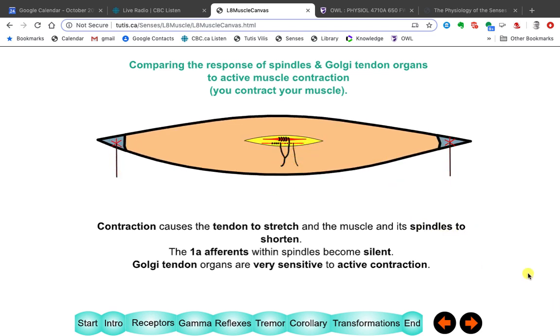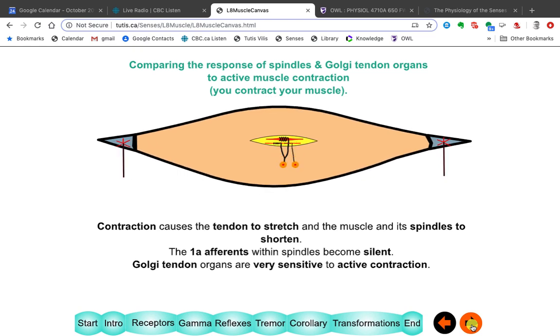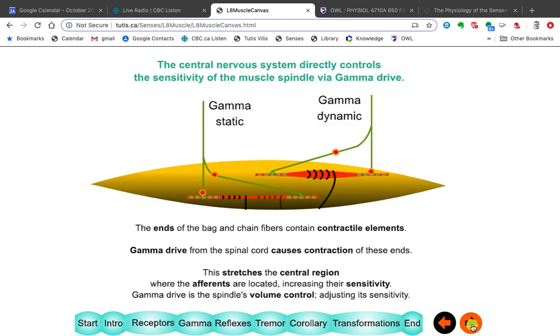So during the contraction, it becomes silent. Okay. These afferents coming from the spindles, you can increase the volume control on them.